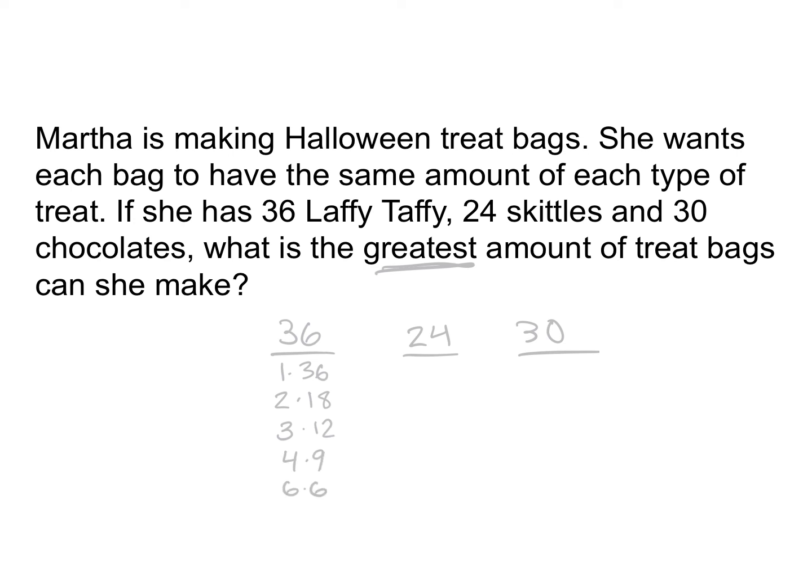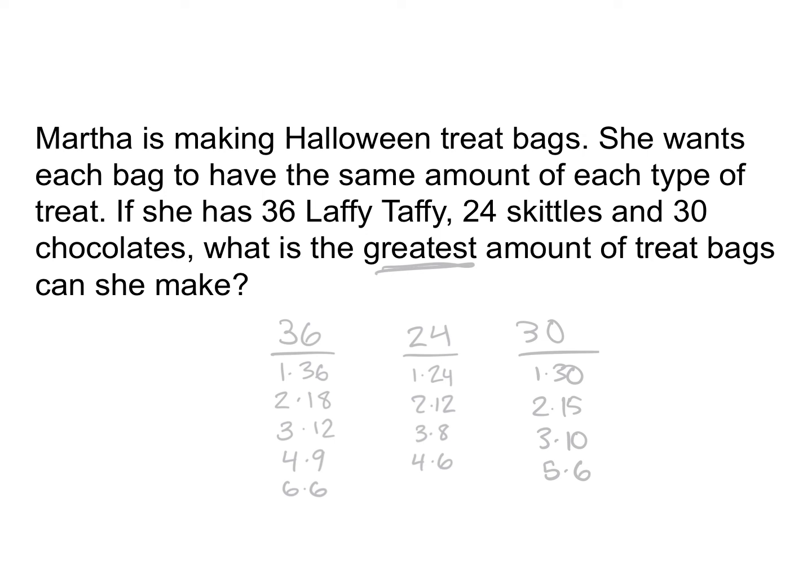For 24, I'm going to do 1 times 24, 2 times 12, 3 times 8, 4 times 6. That's it. 1 times 30, 2 times 15, 3 times 10, and 5 times 6.